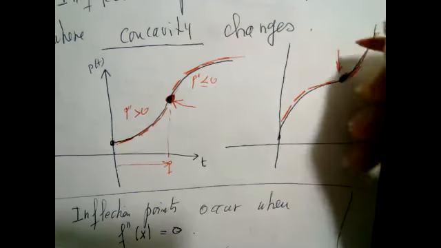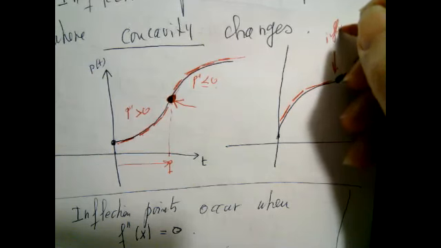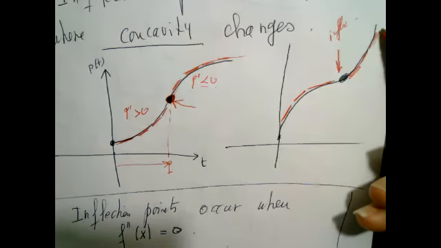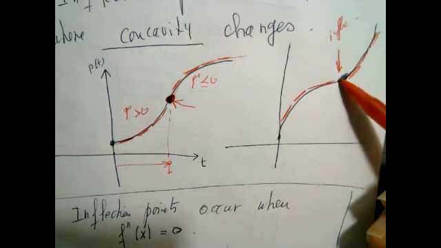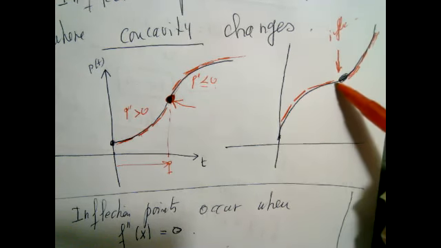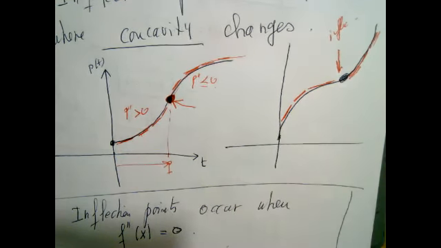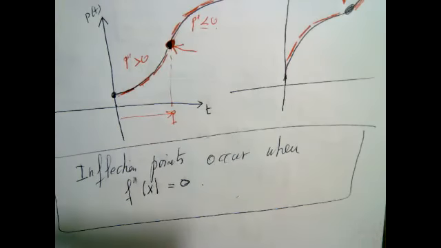That's my inflection point. It's really when the rate itself moves from fast to slow, or slow to fast. And they usually occur when the second derivative equals 0. To find them, we have to study the sign of the second derivative and figure out what's really going on.